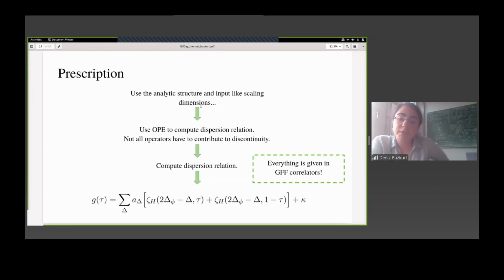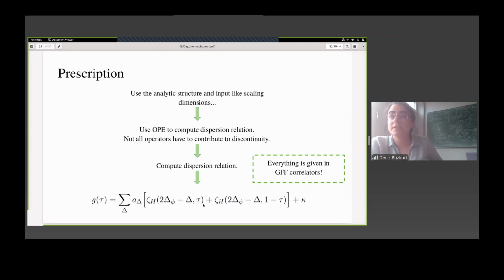Once we input this, we can compute the dispersion relation using the OPE. Not all operators have to contribute to the discontinuity, which simplifies things drastically. And then we can compute the dispersion relation and get the final form of the 2-point function.